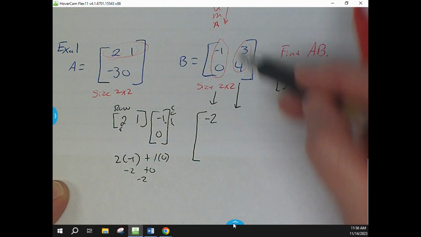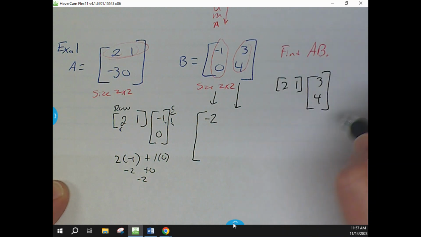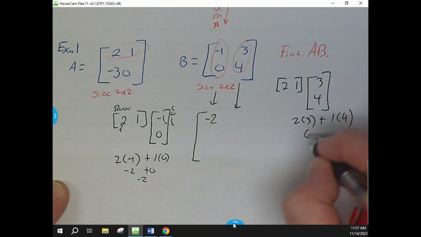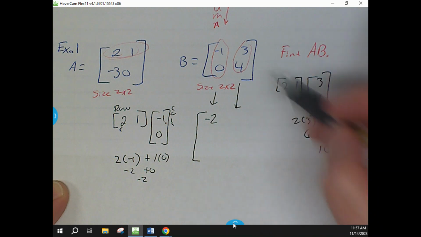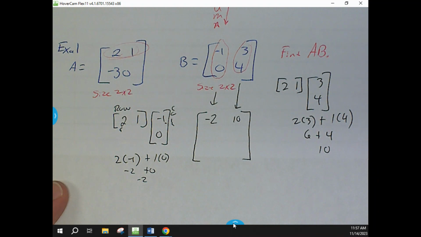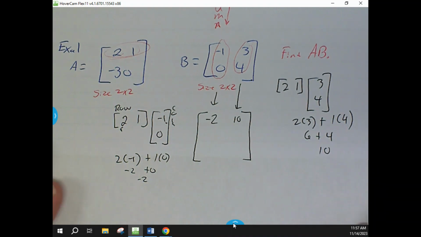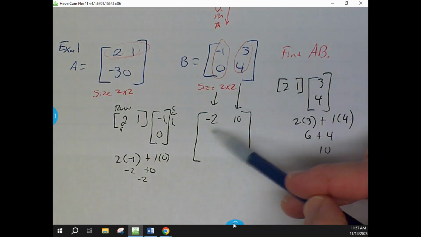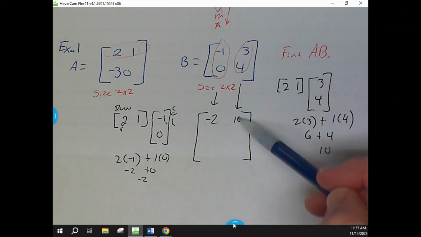So we're going to do 2 times 3 plus 1 times 4. That was the second column, so that one's going to go right there. Again, it's this row times this column, the answer goes here. This row times this column, the answer goes there.